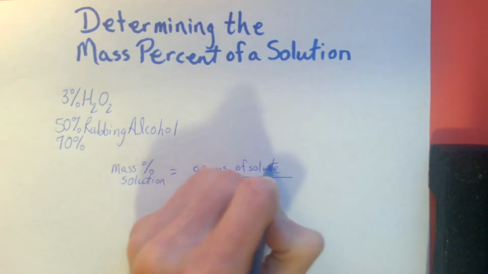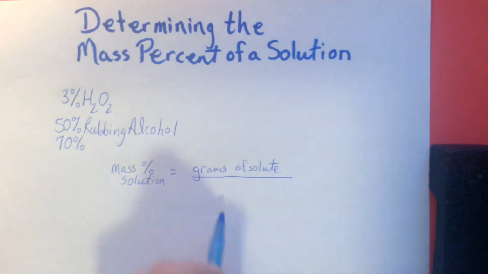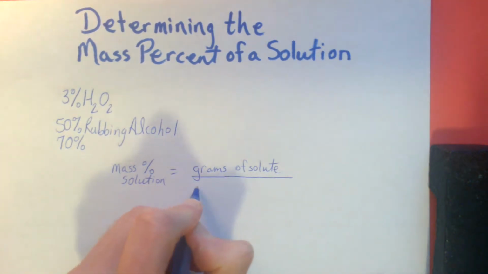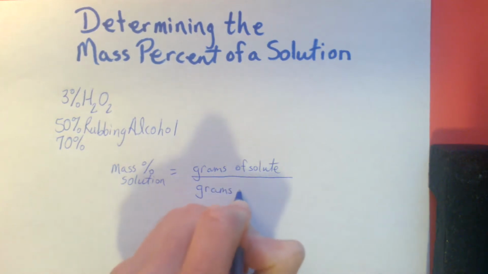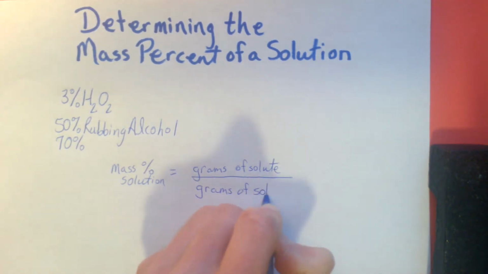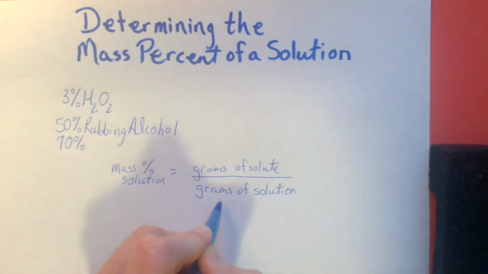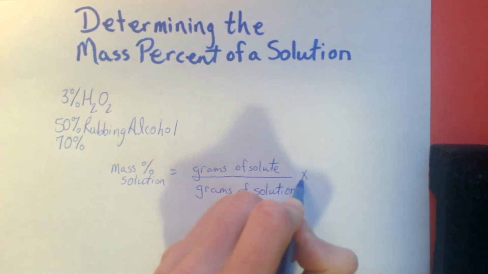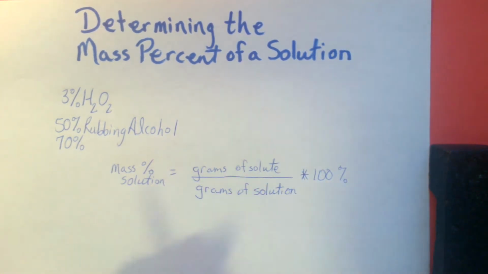Remember that solute is the substance that is dissolving. Grams of solute divided by the grams of solution. This is the total grams of solution. And then we just normally multiply by 100 so that we can put the percentage mark on it.